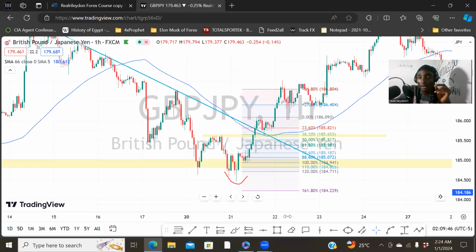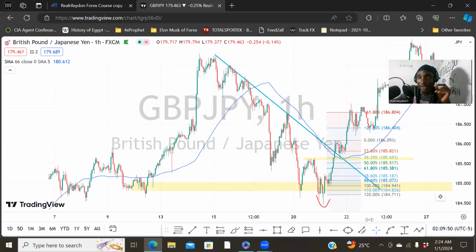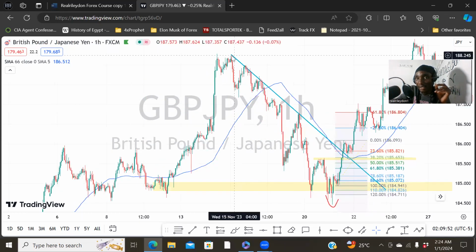As I can see right here, remember I told you in a downtrend, the trend line acts as resistance. So this is a diagonal resistance right here.